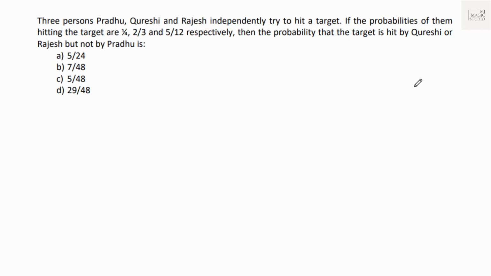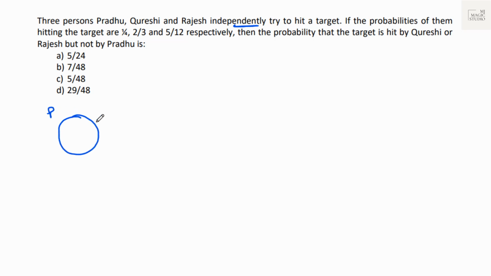A popular take from probability and independent events, regularly asked, so give it a try. So 3 persons, Pradhu, Qureshi and Rajesh, independently try to hit a target. These are independent events.